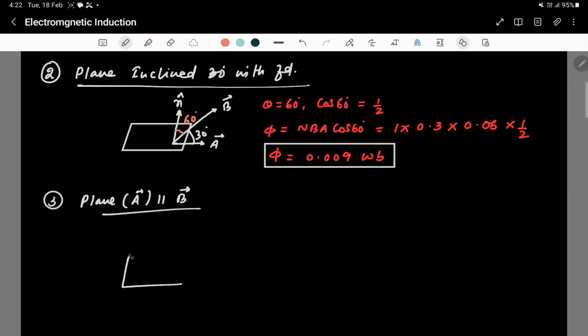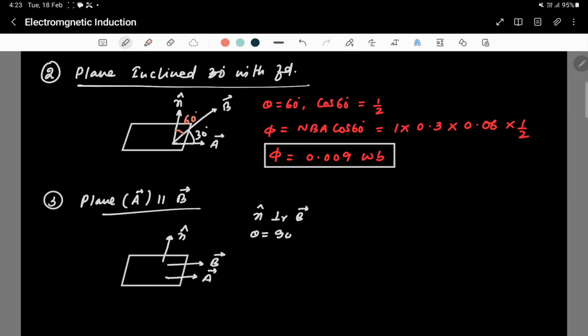Now see, the rectangular coil is like this. This is the area vector here. The magnetic field is parallel. Now what is the angle between the unit vector and B? 90 degrees. Yes, sir, this one is perpendicular to this one.